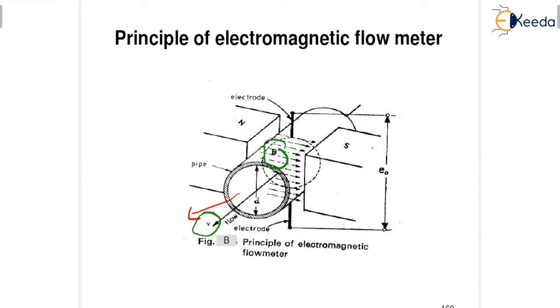Then an electric field will be acting on it and will polarize it, producing positive and negative ions. Because of this electric field, you are going to get both positive ions and negative ions.